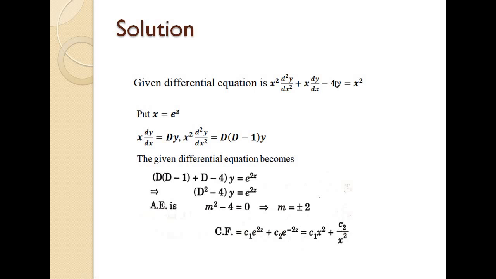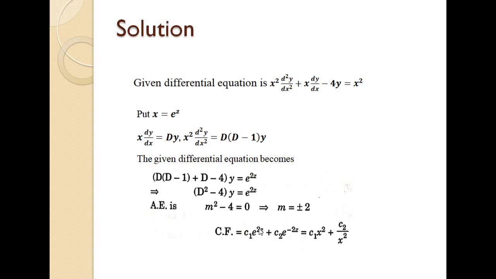So what is the independent variable involved in the given differential equation? It is small x. So the complementary function of the constant coefficient equation can be called the complementary function of this Euler Cauchy equation only when you replace z by log x or e power z by x.